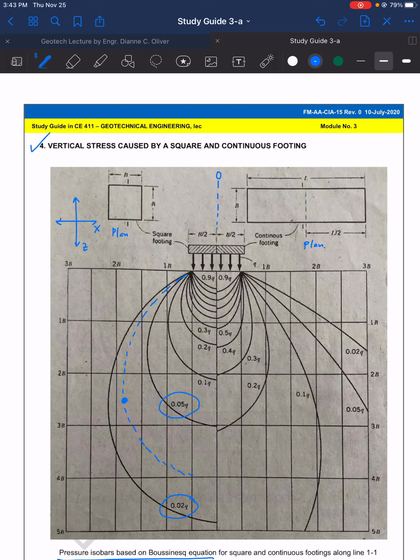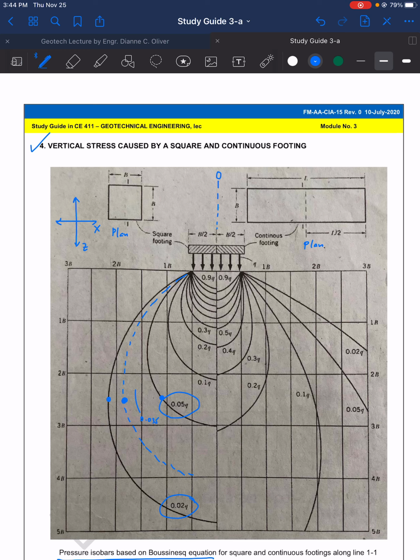So this is 0.02, if this is 0.05, and this is the middle, so that is 0.02 plus 0.05 divided by 2, that becomes 0.035.